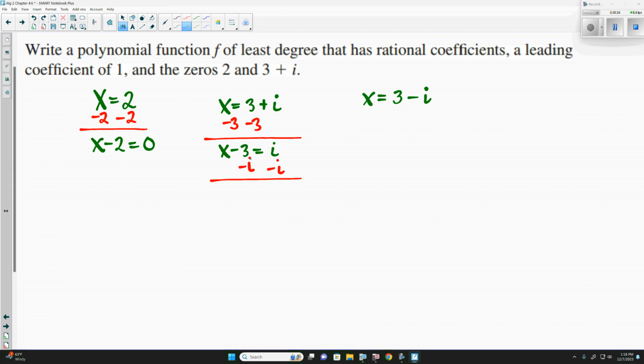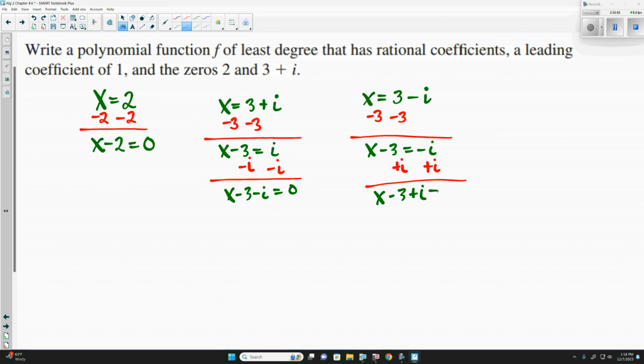We did this with radicals, but this time we're using i instead of square roots. Same process. And the last one, we're going to subtract 3 from both sides, then instead of subtracting i this time, we're going to add i, telling us our last one is x minus 3 plus i is equal to 0.